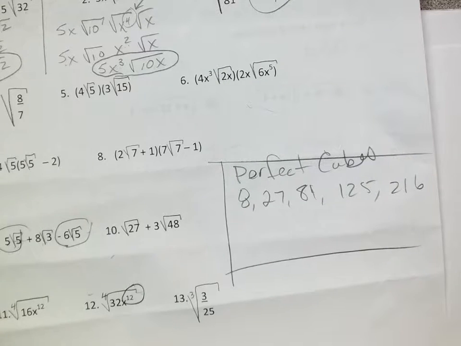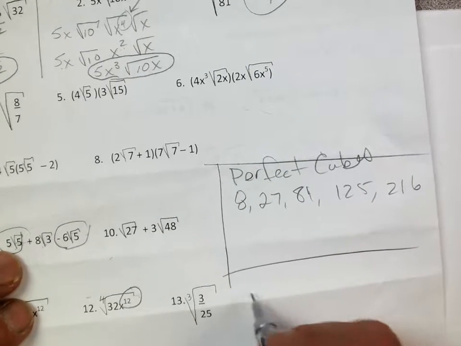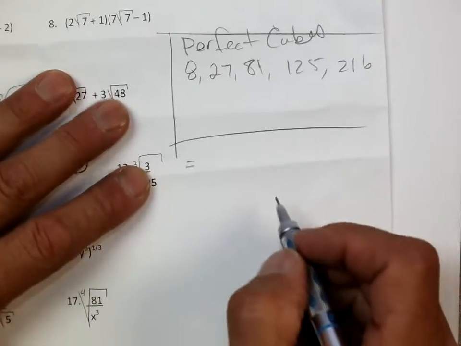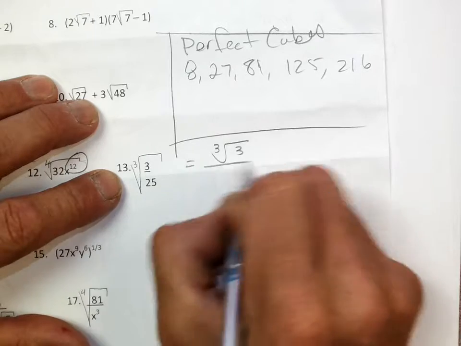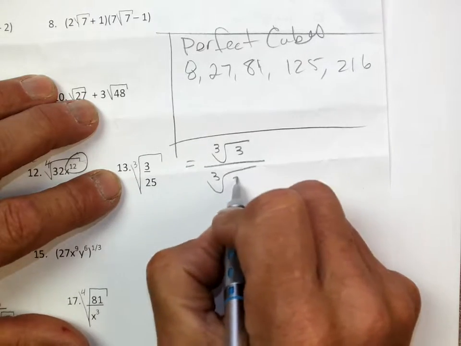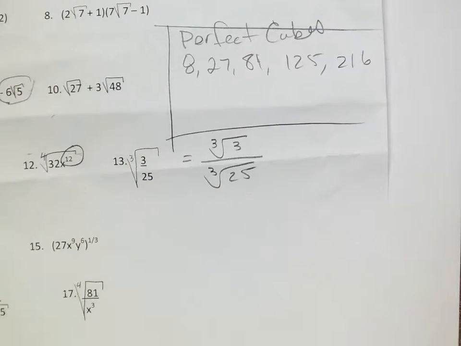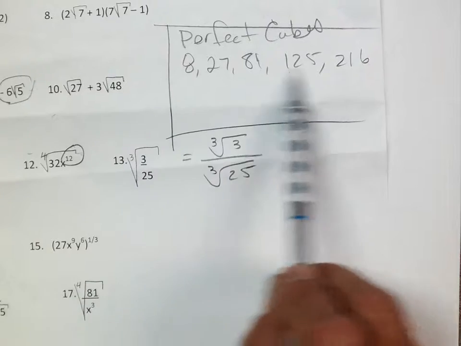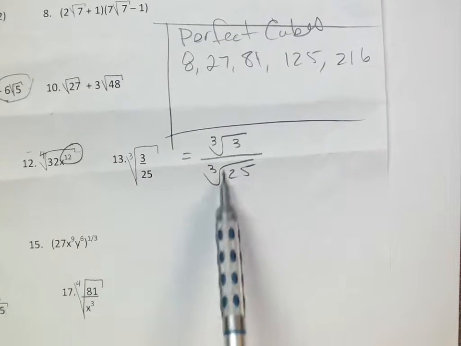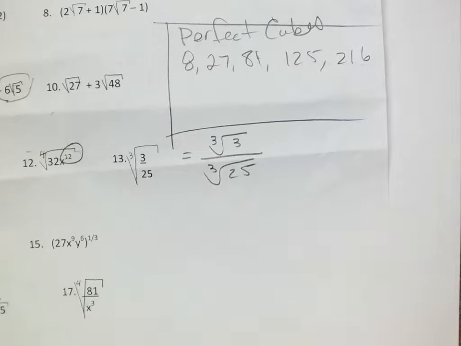So then here's the thing. If I rewrite 13 as, you guys see this? As the cube root of 3 over the cube root of 25, right? Now, you can't have a root in the denominator. You can't. But can you make this 25 into one of these perfect cubes?